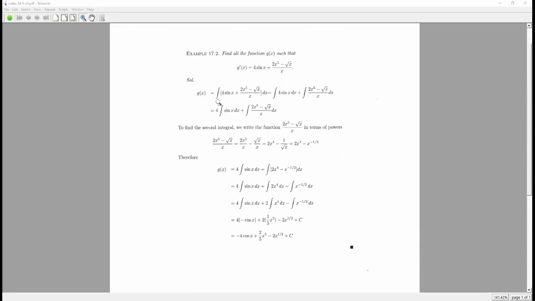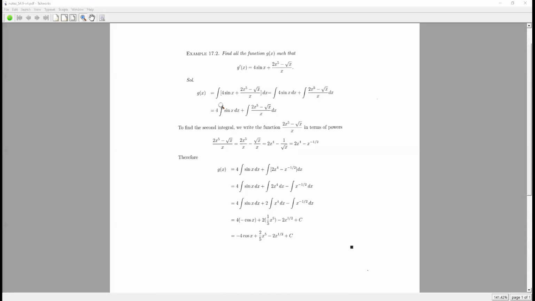For integrals, we also have the summation formula, the subtraction formula, and the formula for a scalar times a function. But for integrals, we don't have a product formula. We don't have a quotient formula.